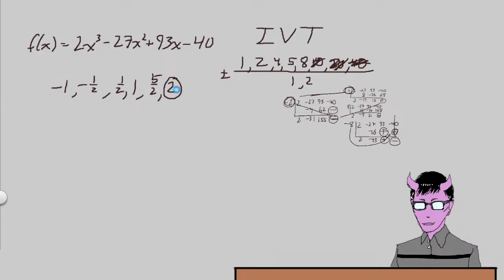So trying to be as efficient as possible, you would pick one of these 2 middle ones, and if that one produces positive, that's informative. This means that your actual 0 is either -1 or -2. If you pick 1/2, for example, and produce negative, that implies that your zeros are somewhere here.